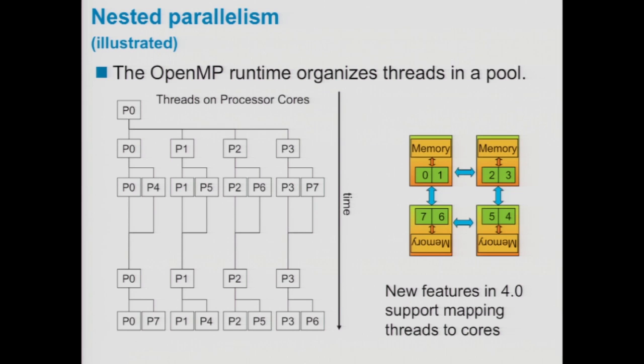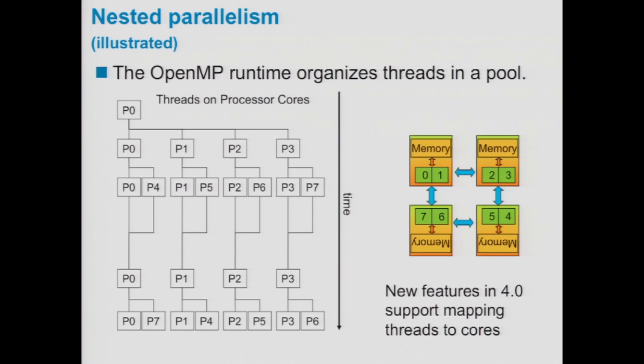So now we have 8 cores in use, and each one of our original parallel region's threads created another nested parallel region, and then they execute, and then you get down to the end of the inner one, they join, the end of the outer one, they join, and then it gets down to the next instance of a nested parallel region. And the question is, how is the assignment of threads to cores happening in this case?